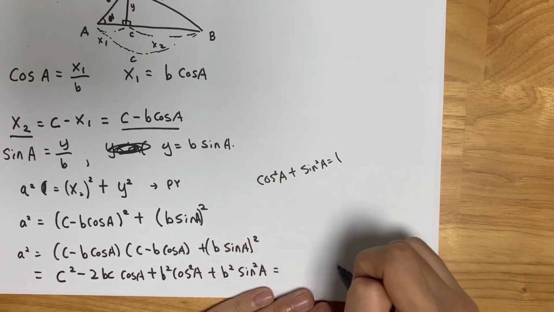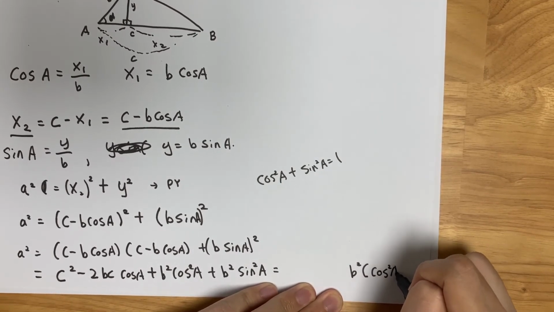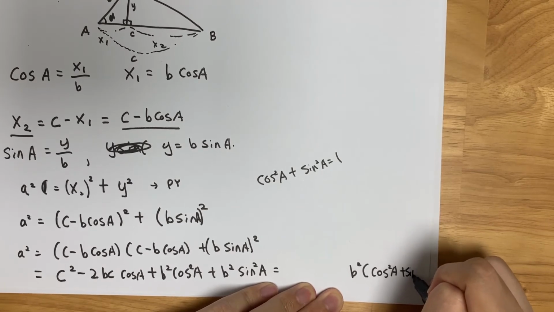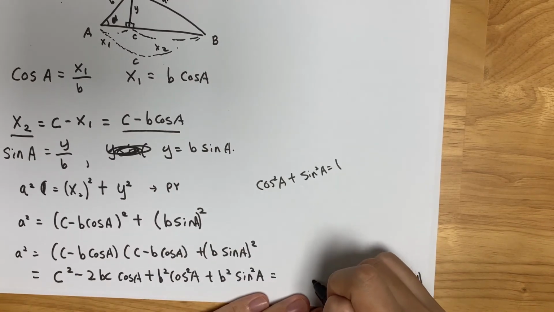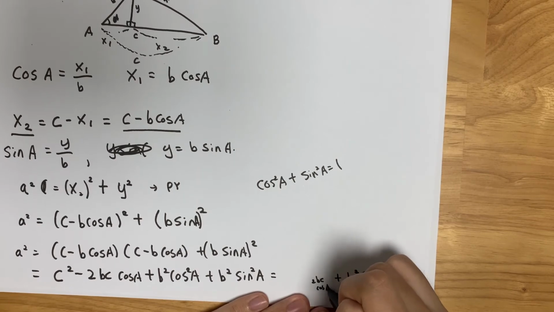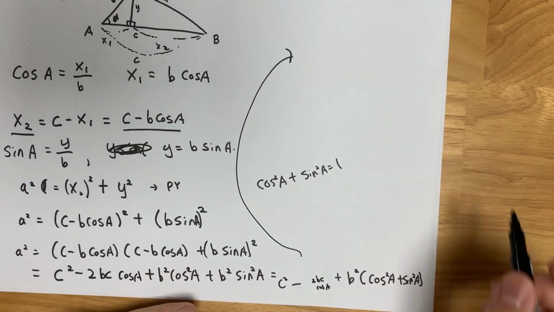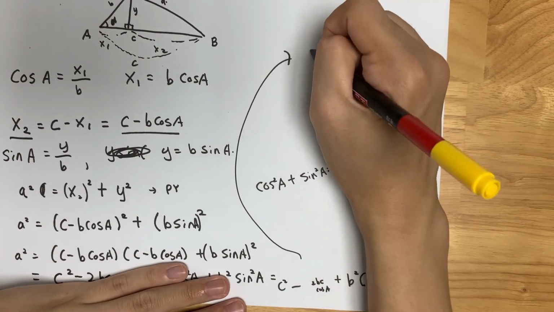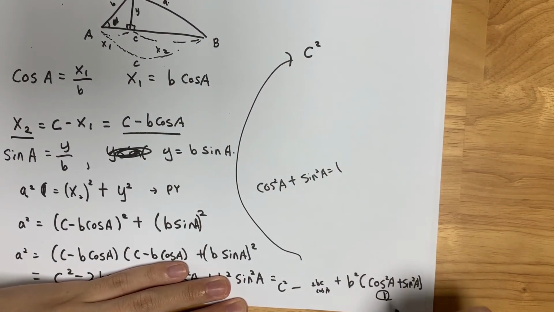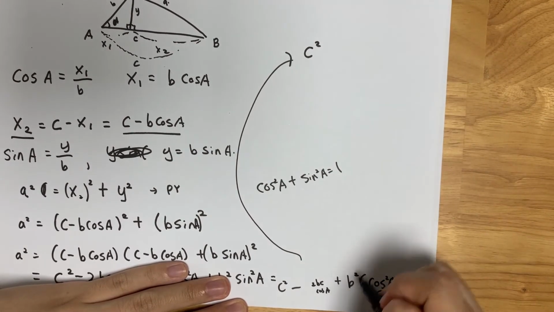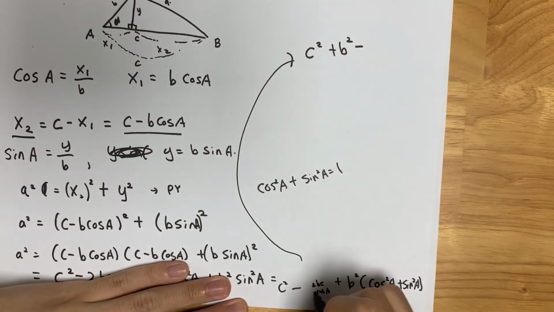Then we can change this as b squared times cosine squared A plus sine squared of A, plus c squared minus 2bc cosine of A. And let's keep going. Then we know that this is 1, so if you multiply it by b squared and add it, then it's c squared plus b squared minus 2bc cosine A.